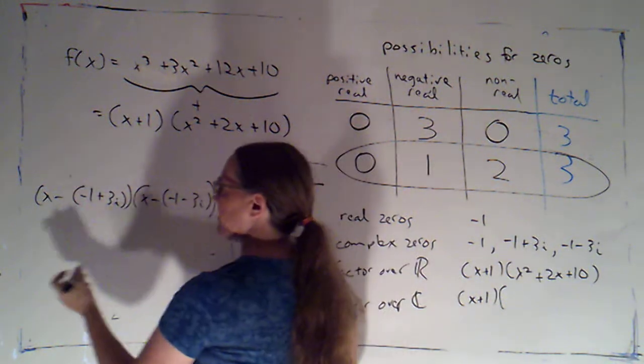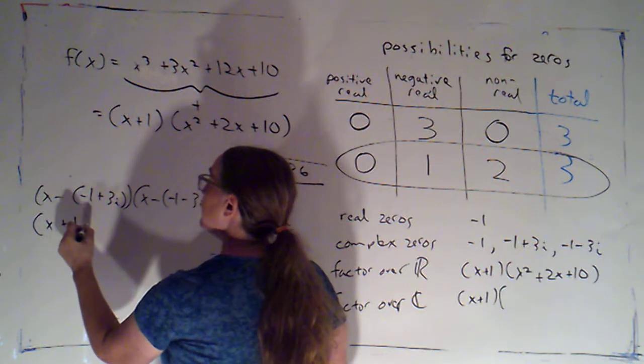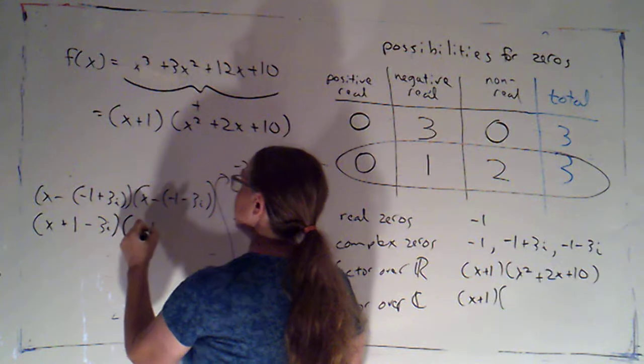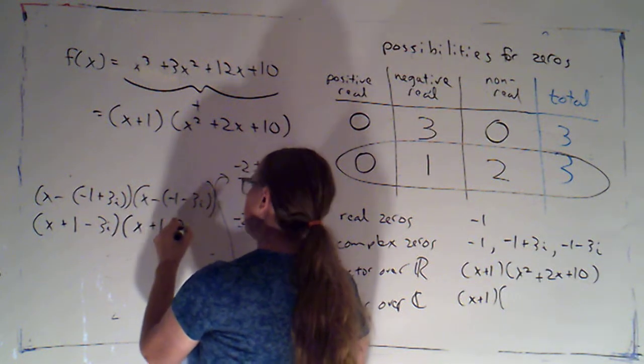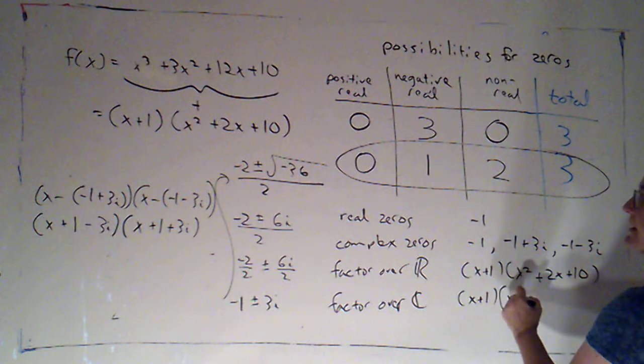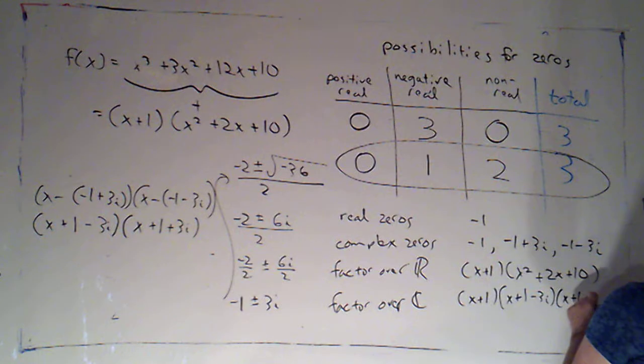And I'll want to just distribute that negative. So this becomes x plus 1 minus 3i, and this becomes x plus 1 plus 3i. So I'll add in those factors over here, x plus 1 minus 3i, x plus 1 plus 3i.